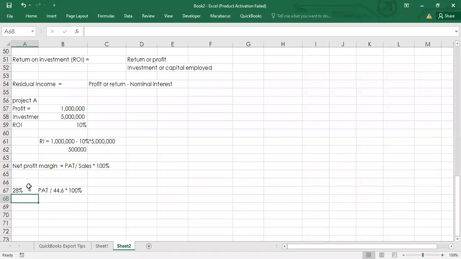Therefore, our profit will be equal to 28% times the sales, because multiplying here shouldn't be an issue. So my profit should be equal to 28% times 44.6, which will give me this.